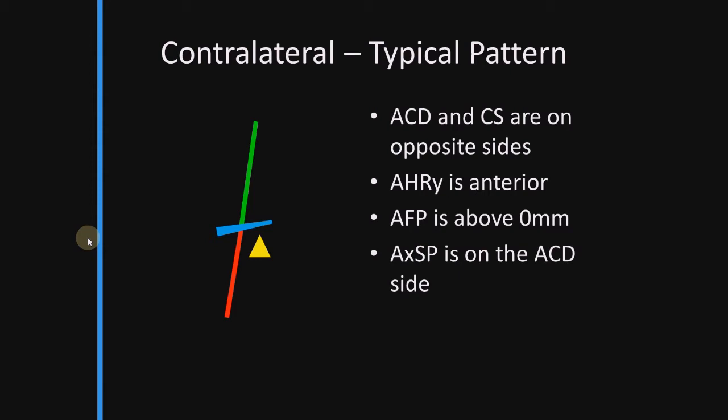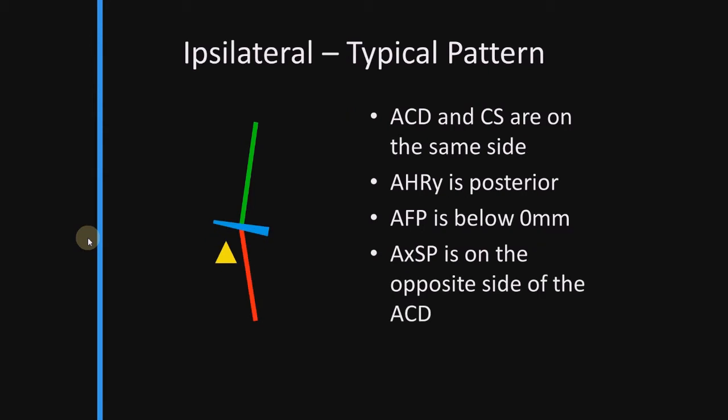The C2 spinous will typically rotate away from the closed C1-C2 joint, thus meaning that the C2 spinous is misaligning towards the ACD side. And because C1 and C2 tend to misalign in conjunction with each other, the atlas goes anterior on the side of the ACD as well. The atlas frontal plane line will typically be above level.